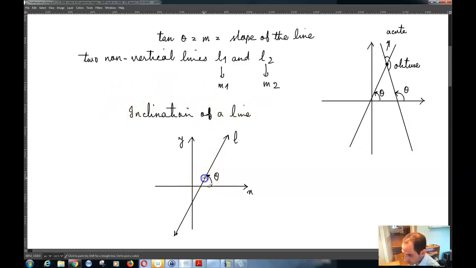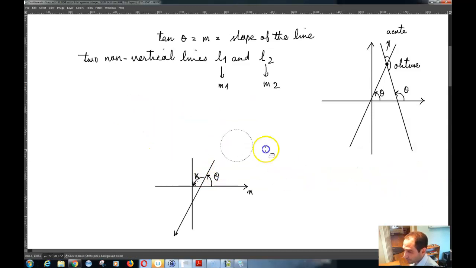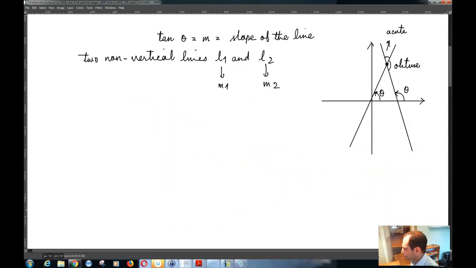For example, this angle over here is of course not the inclination, but this angle over here is called the inclination of the line. Now the inclination of this line L1, I'm going to call alpha 1, and the inclination of this line, I'm going to call alpha 2.